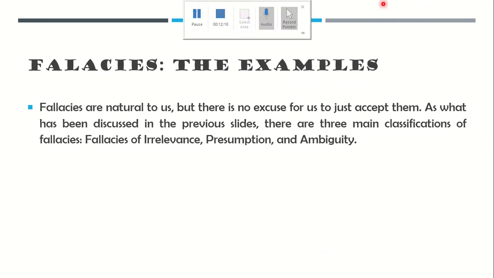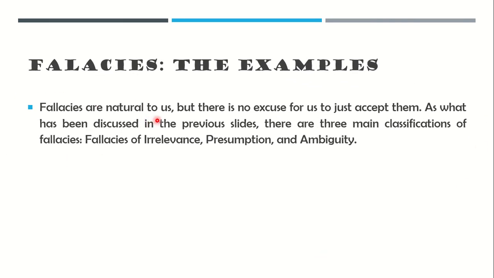Now, fallacies are natural to us, but there is no excuse for us to just accept them. As what has been discussed in the previous slides, there are three main classifications of fallacies. We have the fallacies of relevance, presumption, and ambiguity. So, na-discuss na nako kanina.